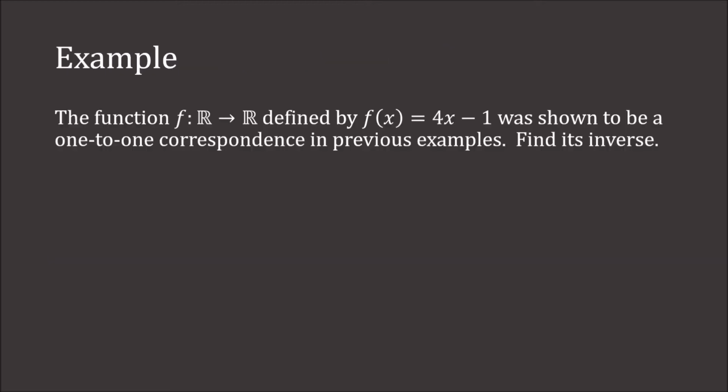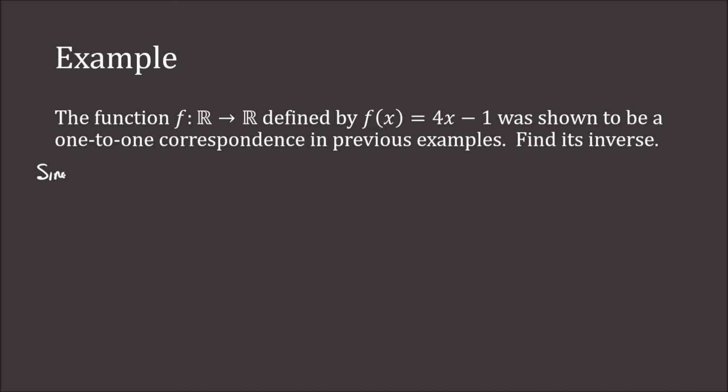So this function, from the reals to the reals defined by f of x equals 4x minus 1, was already shown to be a one-to-one correspondence in the examples of one-to-one and onto. We showed that 4x minus 1 was both one-to-one and onto, so it's guaranteed to have an inverse. We wish to find it.